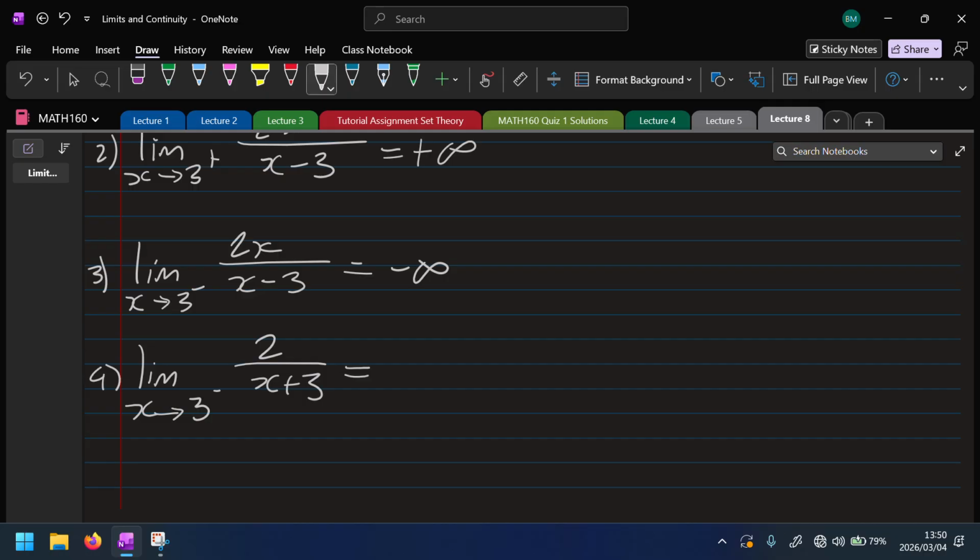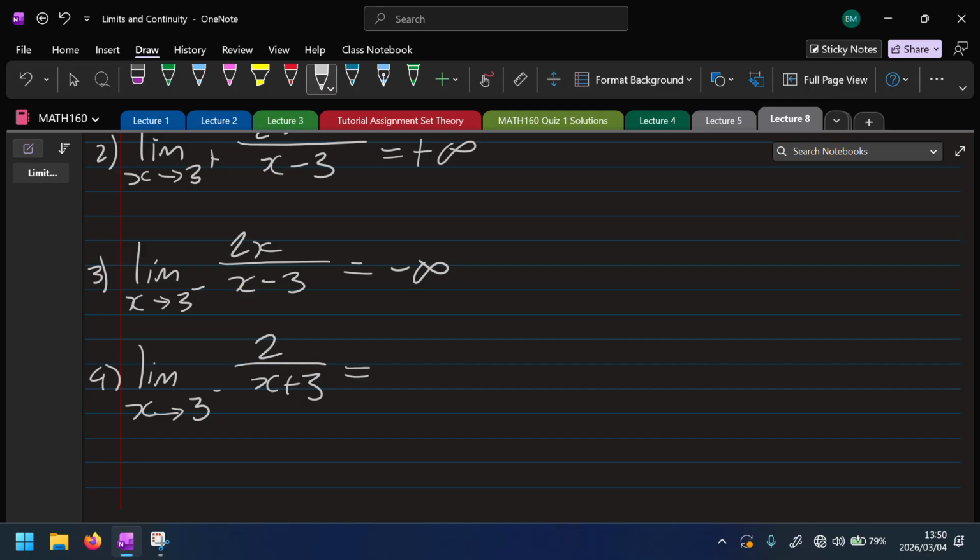What's that going to be? 3 plus something slightly smaller than 3. So 3 plus 3 is? Now it's slightly less than 3 that we're adding on. It will be something less than 6. So we have 2 over something less than 6.